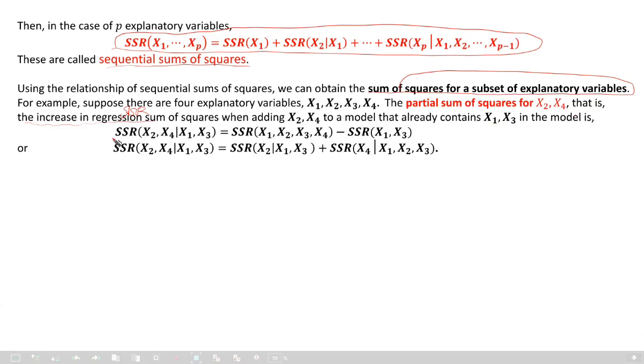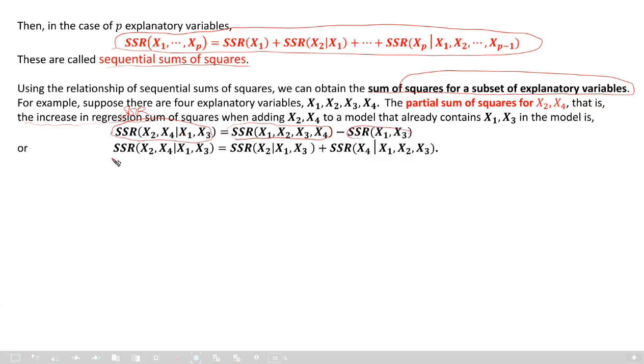It is SSR x2 x4 given x1 and x3, which equals SSR x1, x2, x3, x4 minus SSR x1, x3. Is that right?